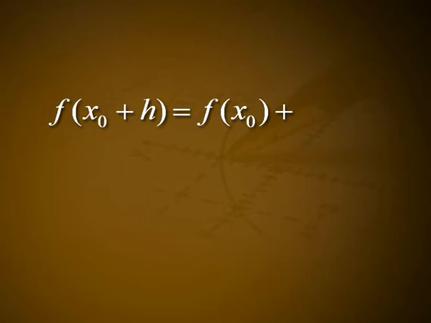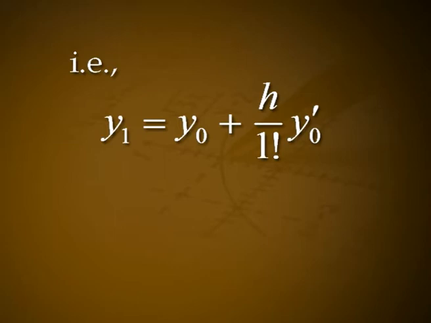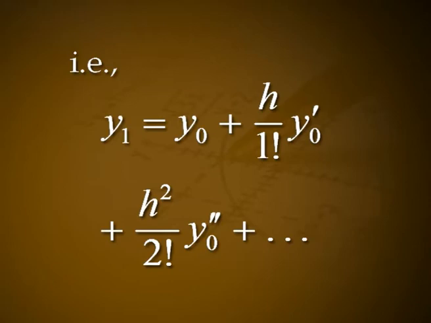But by Taylor's series, f of x 0 plus h equal to f of x 0 plus h by 1 factorial f dash of x 0 plus h square by 2 factorial f double dash of x 0 plus etc. That is y 1 equal to y 0 plus h by 1 factorial y 0 dash plus h square by 2 factorial y 0 double dash plus etc. Hence, the expression for y 1 by Euler's method agrees with the Taylor series solution up to the terms of h raised to 1, that is h. Thus, Euler's method can be thought of as a first order Runge-Kutta method.